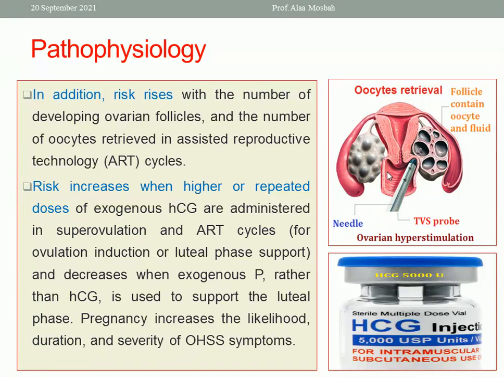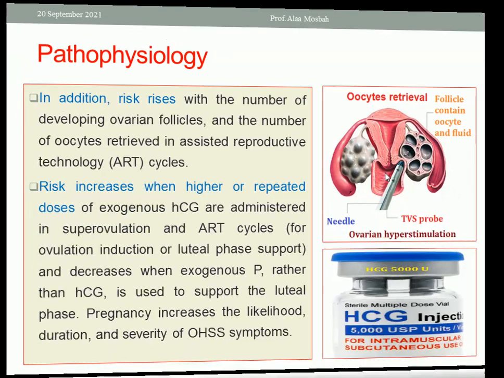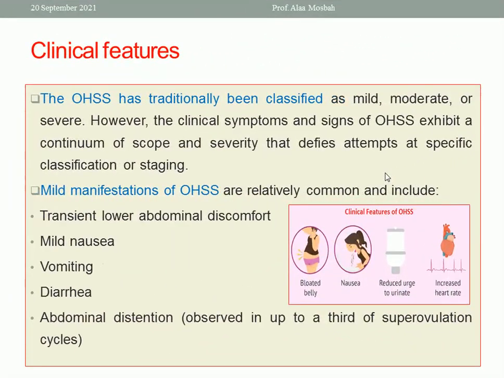So it's better to give the patient, especially the high risk, progesterone to maintain the luteal phase, or to do the support for luteal phase rather than to give the patient HCG. So in risky cases, don't give HCG to support luteal phase, but give progesterone.